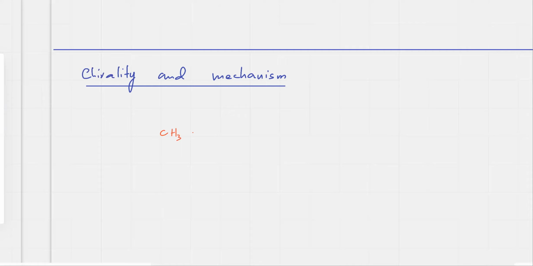So here's a carbon chain, and there is a CH3 over here, and there's a Cl, and there's an H. Now this clearly is a chiral carbon atom, right?